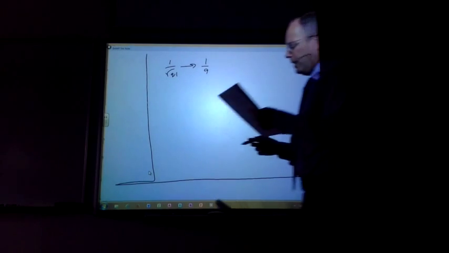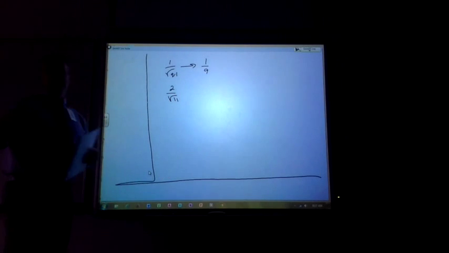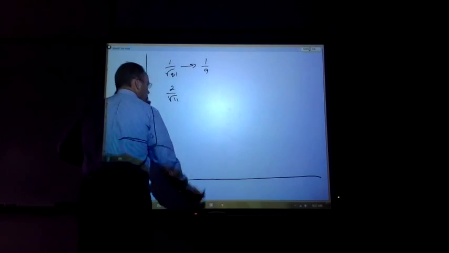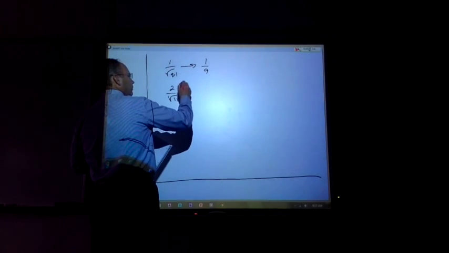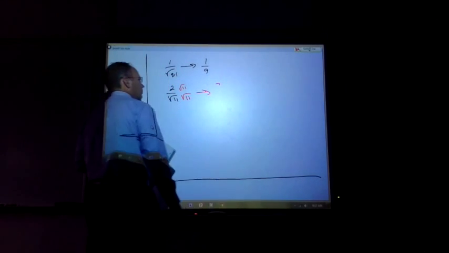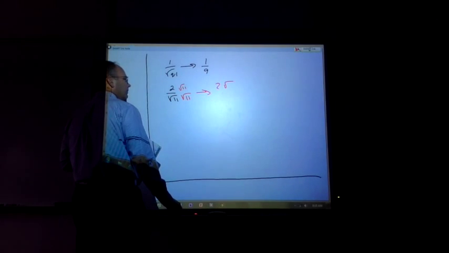But then number 8, you have 2 over root 11. And root 11 doesn't work, so what do I have to multiply top and bottom by? Root 11, which gives me 2 root 11.